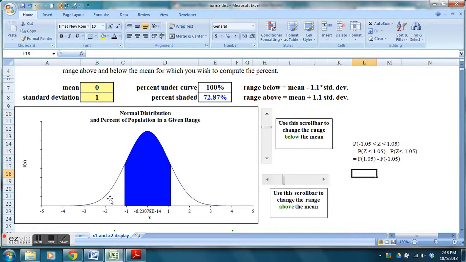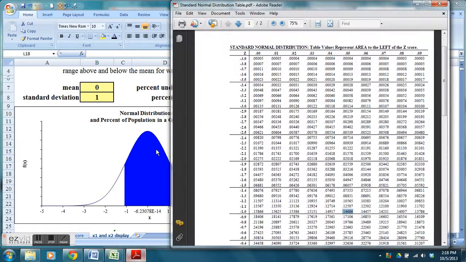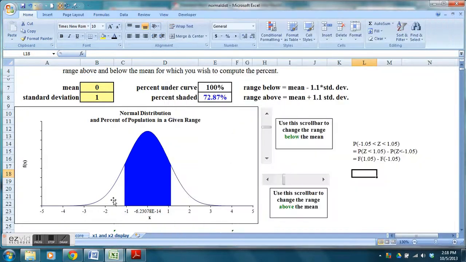These two tails together are just going to be the probability of this tail multiplied by 2. Why do I choose to find the probability of this tail and not that one? Because in our normal distribution table, we only find the probabilities left of a certain number. So we want to find this white tail. We have to look up negative 1.05 in this z table.